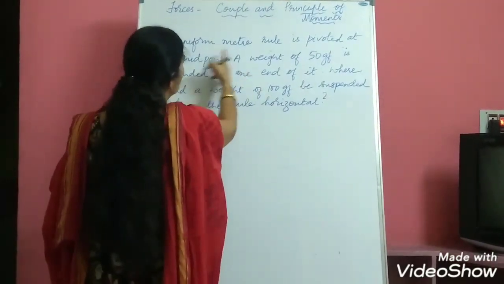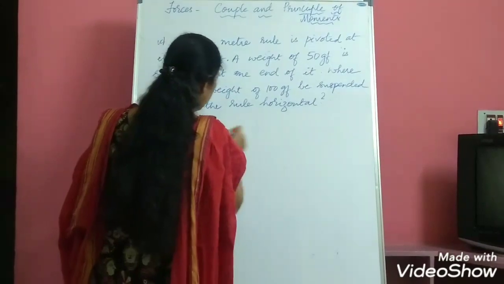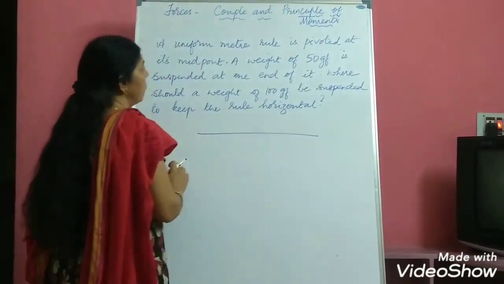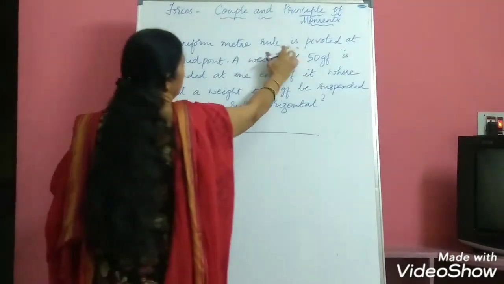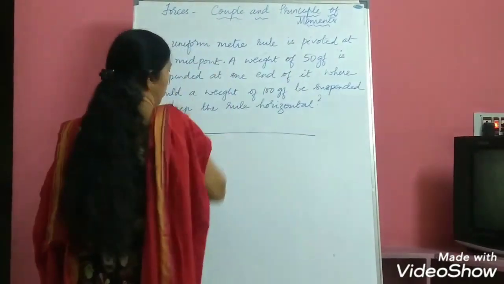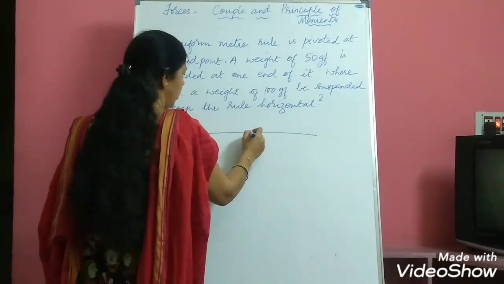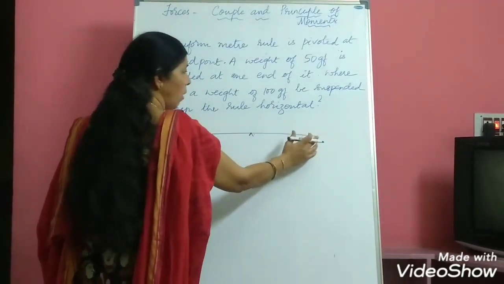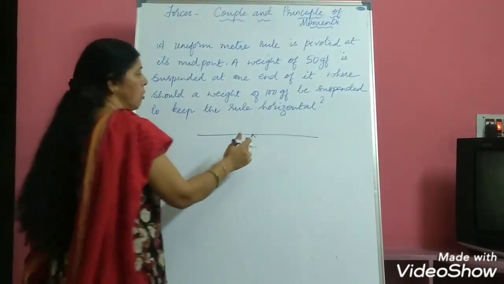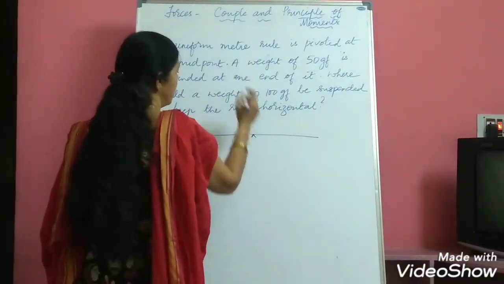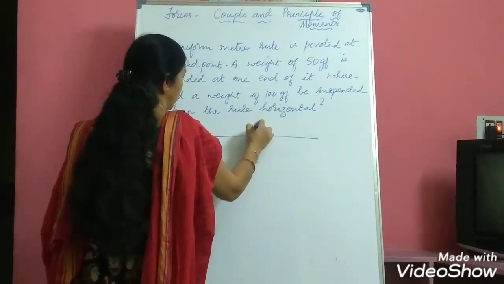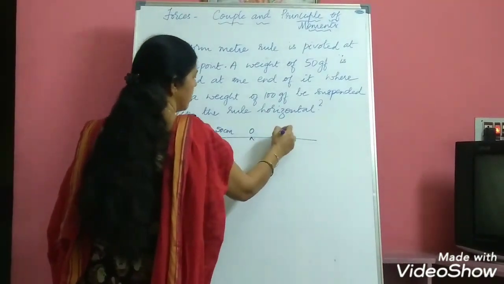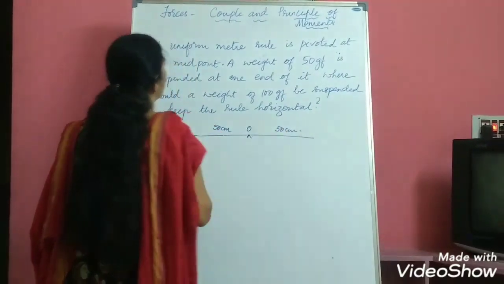So, what he is telling, a uniform meter rule. Uniform meter rule, usually it will be 100 centimeter, and it is pivoted at its midpoint. So, at its midpoint it is supported. Uniform meter rule will be 1 meter rule or 100 centimeter rule. If it is pivoted at its midpoint, then this side will be 50 centimeter and this side will be 50 centimeter.